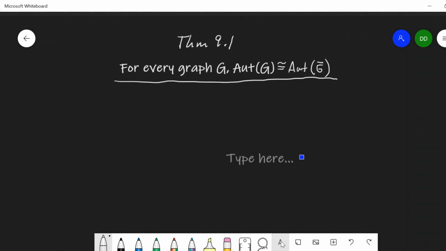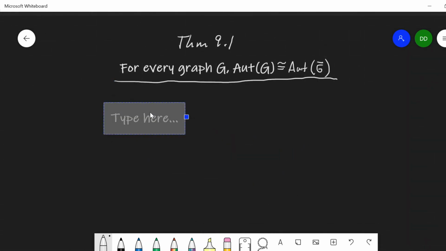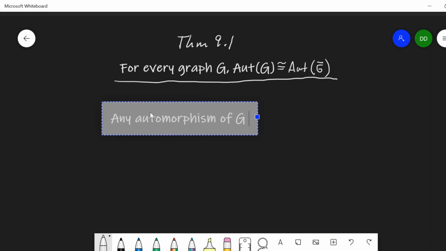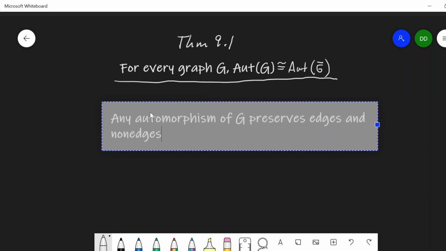So really we can prove this, and it doesn't even require a proof, this is more of an observation. We can see this by just noting that any automorphism of G preserves edges and non-edges, right? It preserves adjacency and non-adjacency.